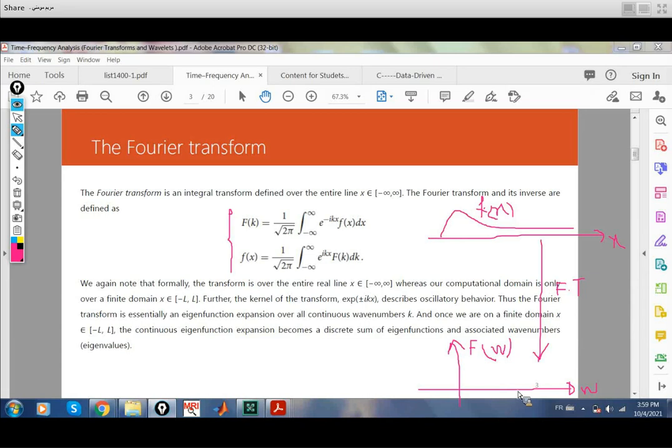In summary, some information in Fourier space is better represented. Then we use these equations for transforming this function to the Fourier transform.